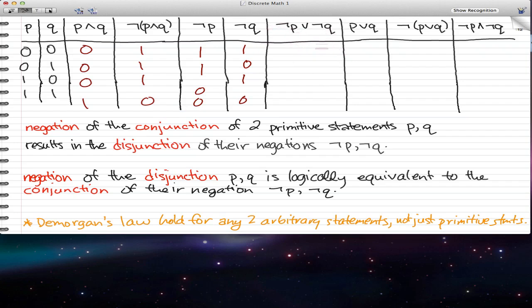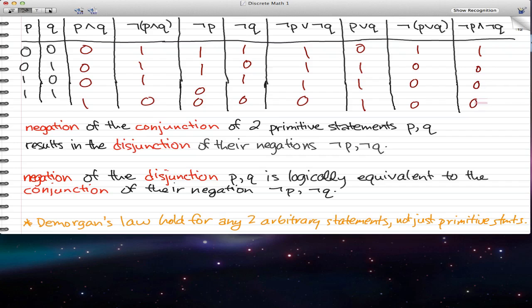Negated P or negated Q gives 1, 1, 1, 0. P or Q gives 0, 1, 1, 1. The negation of this is 1, 0, 0, 0. And negated P and negated Q is 1, 0, 0, 0.